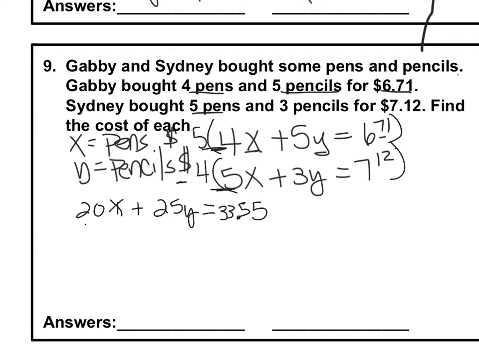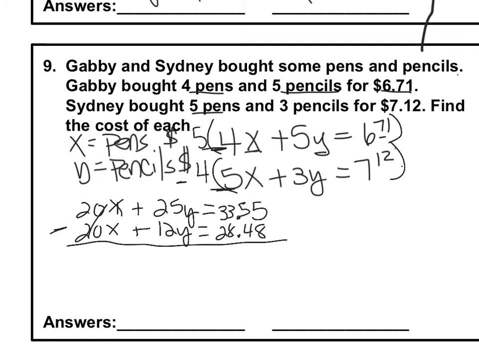And then this one is 20x, 4 times 3y is 12y, and then 4 times 7.12 is 28.48. So there's our new equations, and I'm going to subtract.